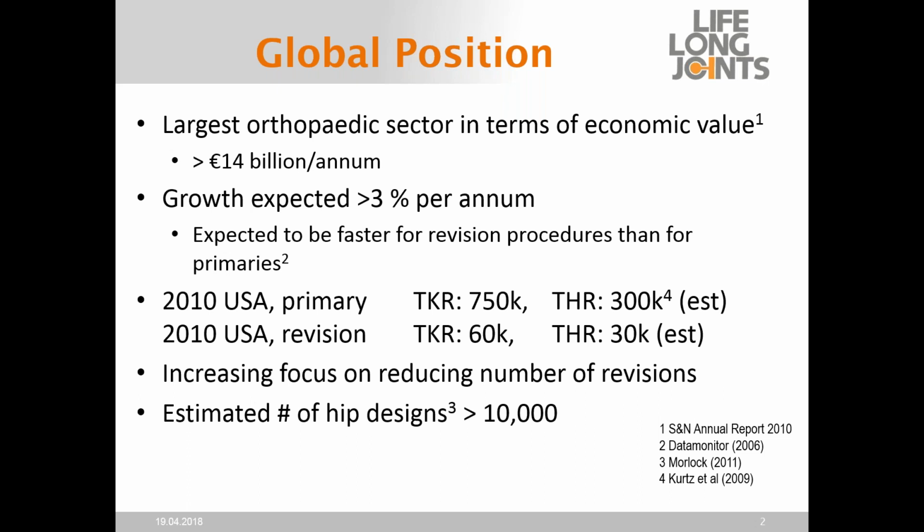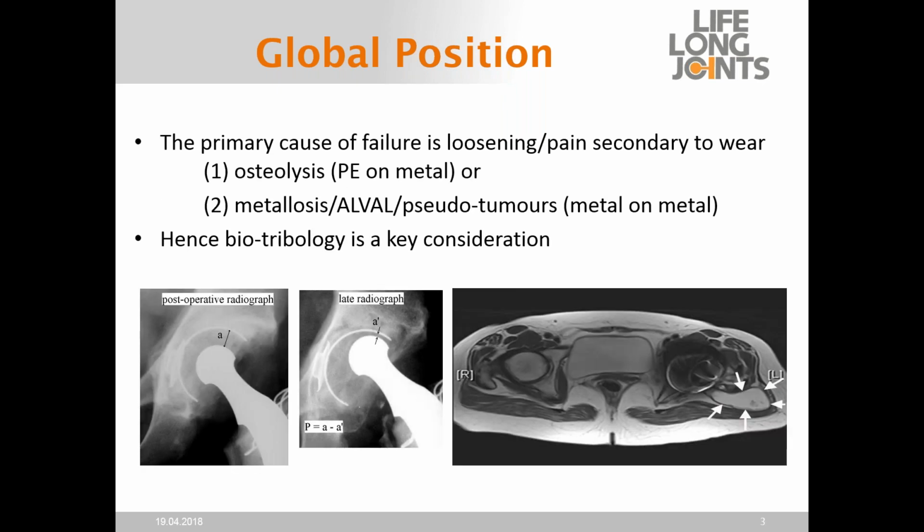to reduce. The primary cause of failure in both hips and knees is loosening or pain secondary to wear. It's not because the joint wears out, but because we're shedding particulates into the joint space. And if it's for a polyethylene socket, we shed polyethylene debris, and this goes on to form osteolysis.